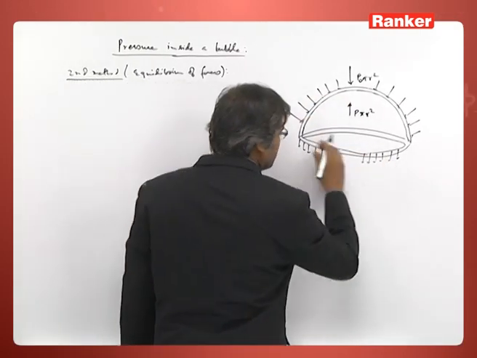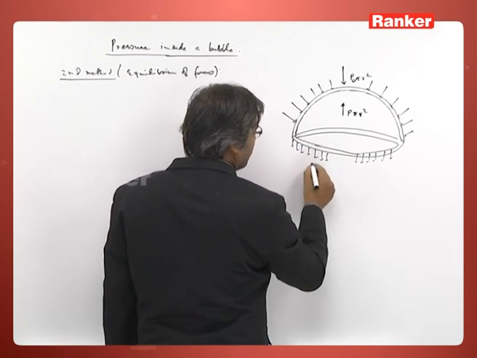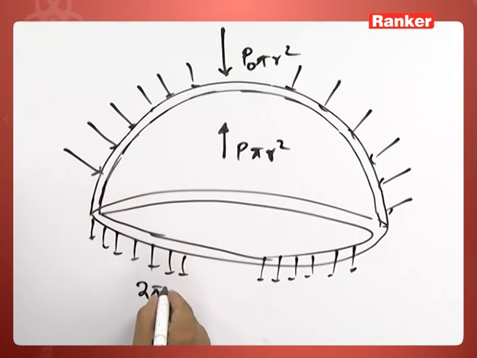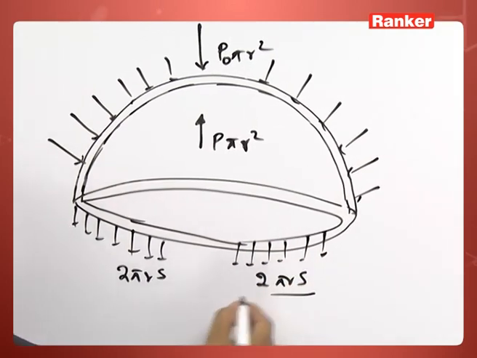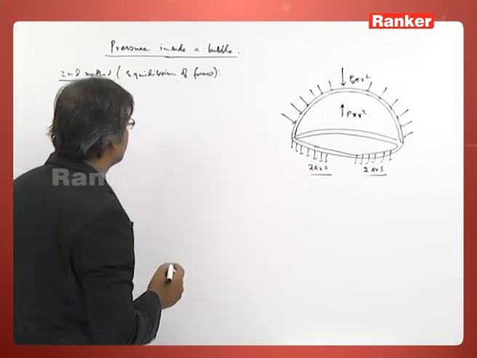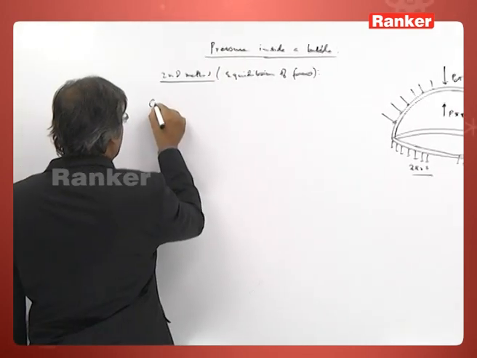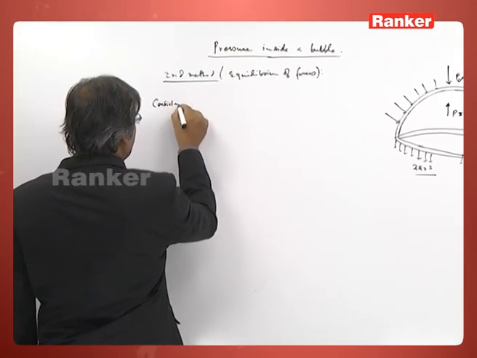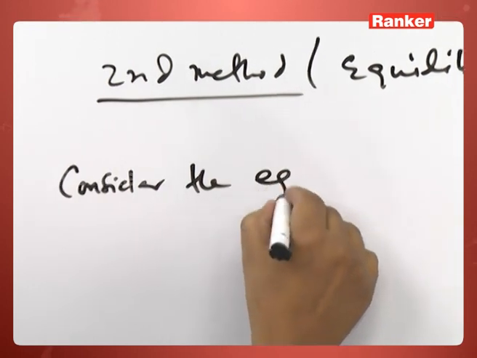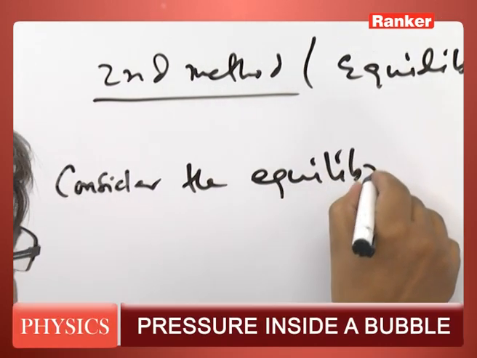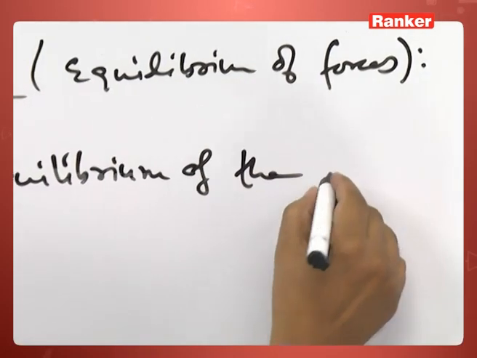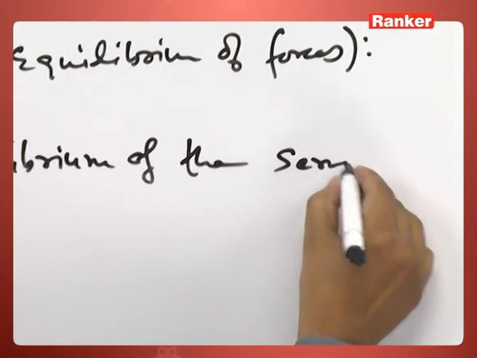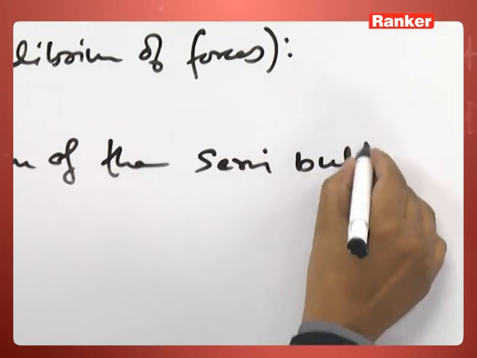And what is the surface force? For the outer one 2 pi r into S, and from the inner one 2 pi r into S. These are the surface tension forces. So, consider the equilibrium of the semi bubble.